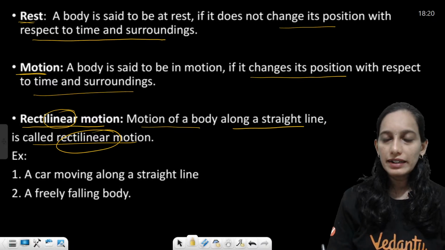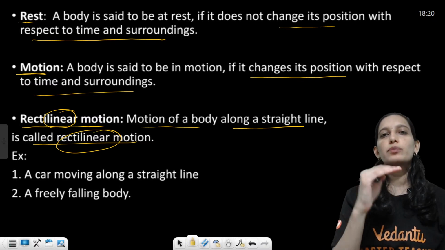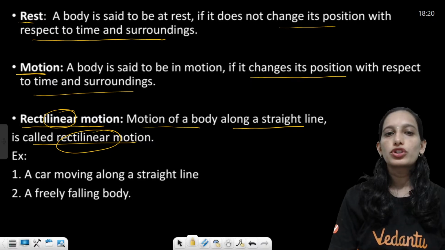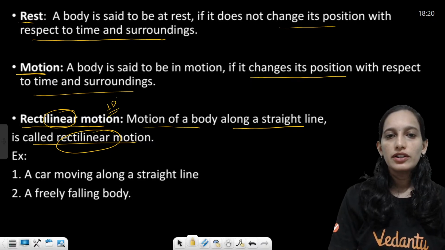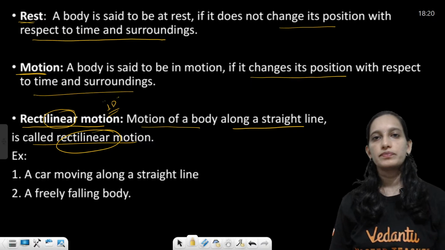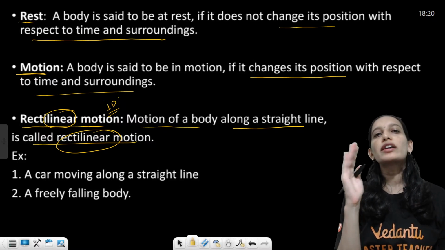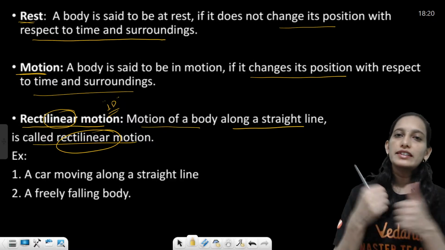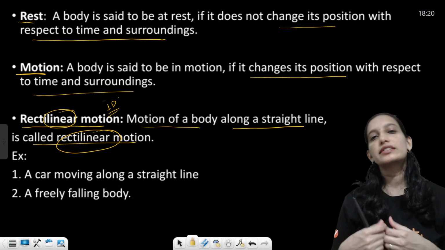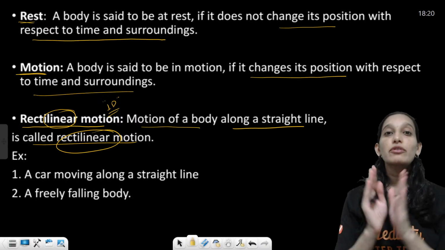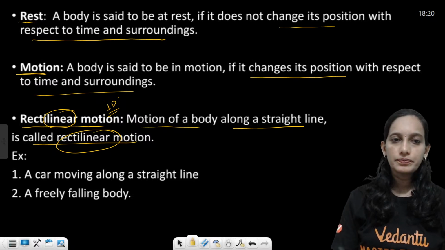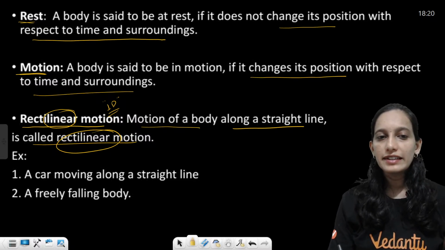So what do you mean by rectilinear motion? The motion of the object along a straight line, or motion in one dimension. Only one coordinate of the particle is changing. Either the x coordinate is changing, or the y coordinate, or the z coordinate. Any one, not all 2 or 3. So that is rectilinear motion.